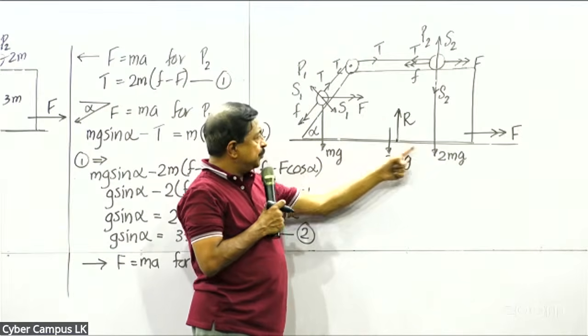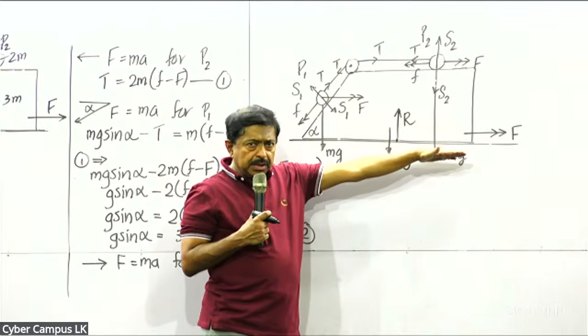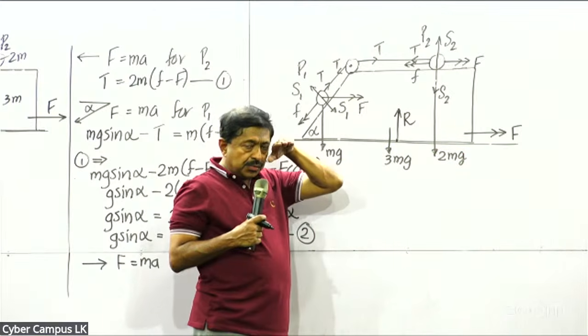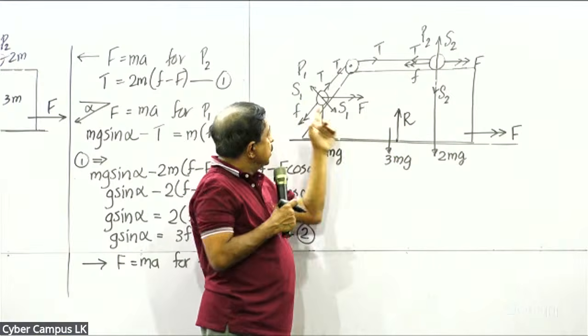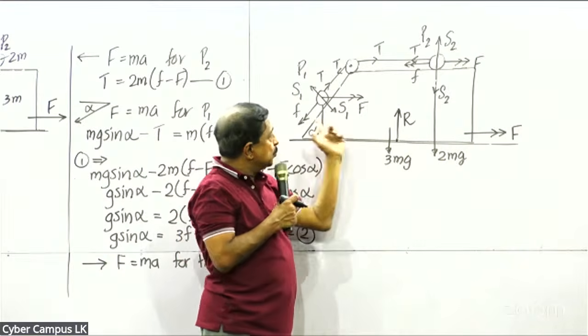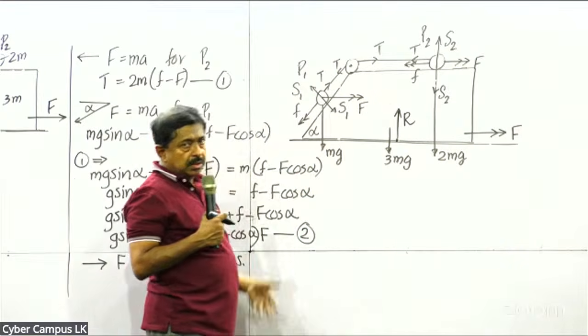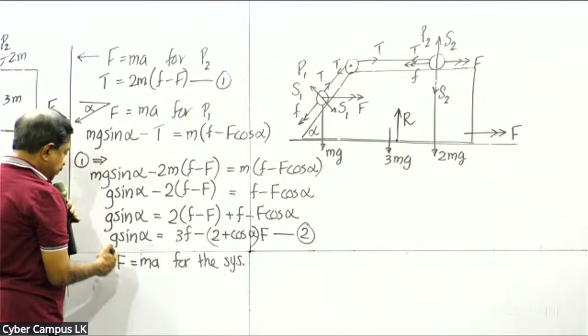Why? These weights will go away, R will go away because we apply it horizontally, just to eliminate R. And the other reactions are internal reactions if you take the entire system. Therefore, S1, S2, and T will automatically be eliminated. So you get just 0.